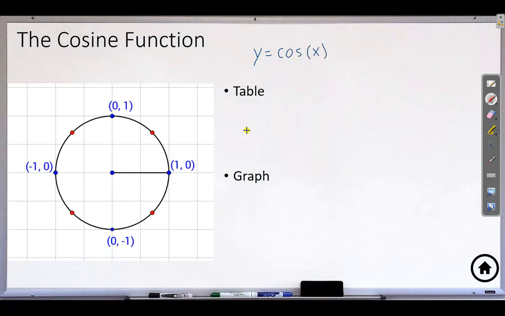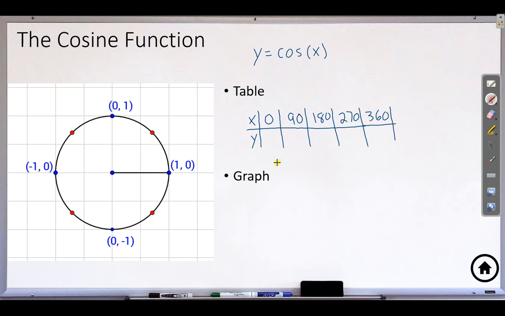Our inputs are again going to be our angles, those are our x's, and our outputs will be those ratios, the points along the outside of our unit circle. So we're going to start with an angle of 0, then 90, 180, 270, and we'll get for our table at least one full circle all the way around to 360.